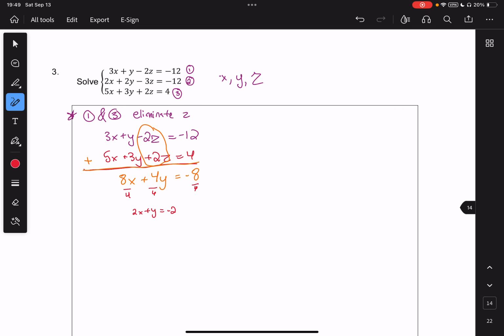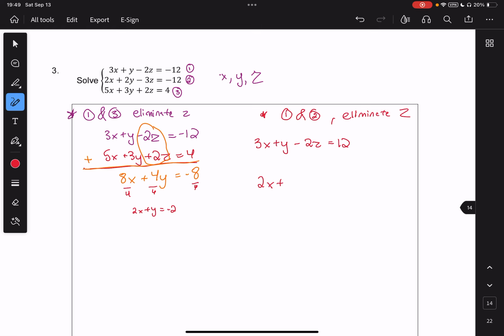So now, the next one we're going to do is pair 1 and 2. This will also eliminate z. It doesn't immediately eliminate z because when we pair 1, which is 3x plus y minus 2z equals negative 12, and then our second equation is 2x plus 2y minus 3z equals negative 12, our z's are different.